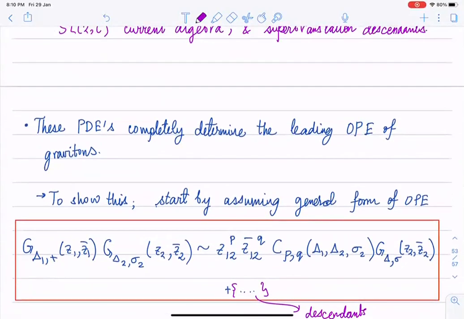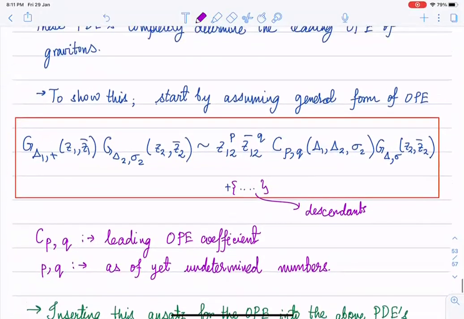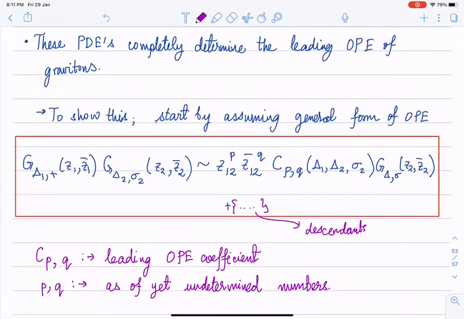Now the essential point is that these partial differential equations completely determine the leading OPE between gravitons in the following sense. You can start out with an ansatz for the OPE, assuming that it takes some general form like this.